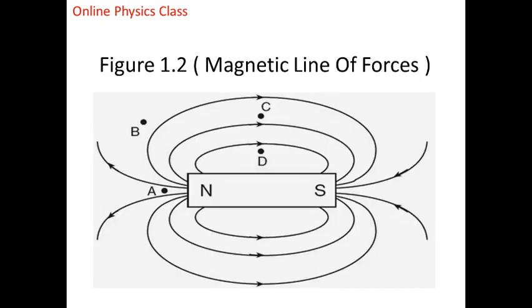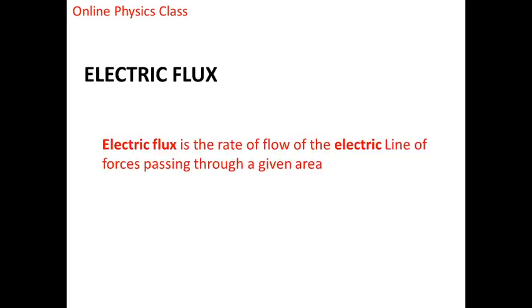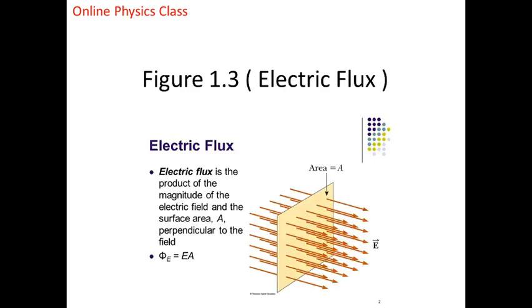Now we will talk about electric flux and magnetic flux. First of all, electric flux is the rate of flow of electric lines of force passing through a given area. Lines of force passing through an area is electric flux. Either electric flux or magnetic flux, both are the same, as given in this figure.